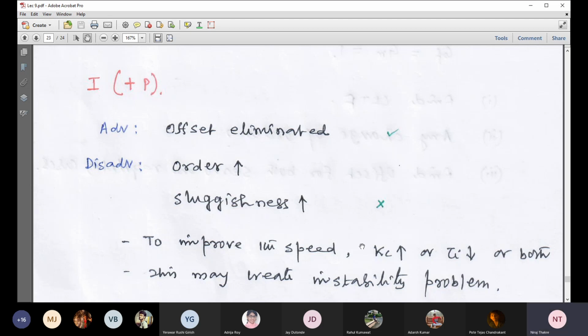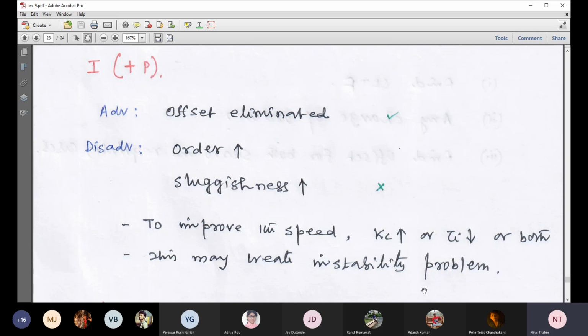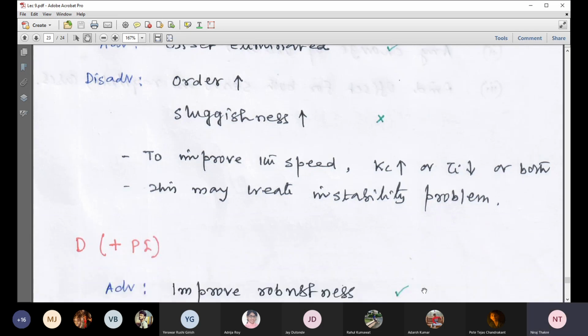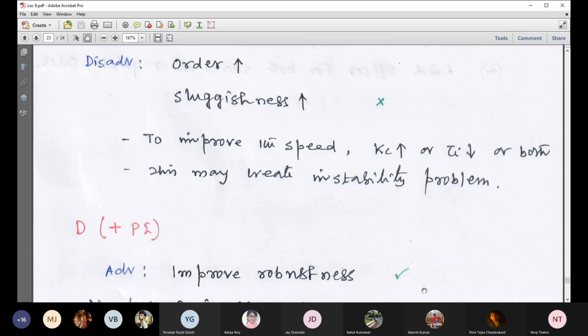But if they are reasonably large, we may have an instability problem. So how do we come out of this situation? We need a robust situation. For that, we need derivative action, to take care of the instability issue.